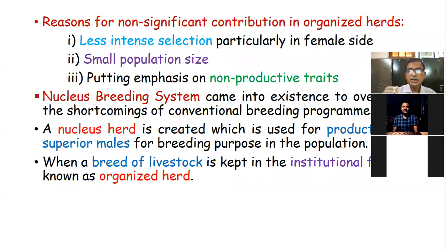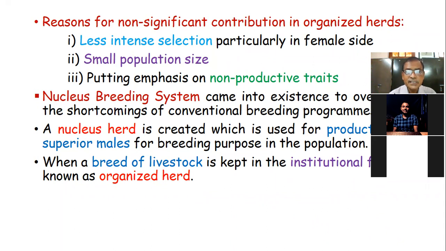Those females giving the best, large quantity of milk will be kept in the nucleus. This is the concept of the nucleus herd. Only 10 to 15% of the total animal strength of the farm will be considered for the nucleus, and that is called the nucleus herd.